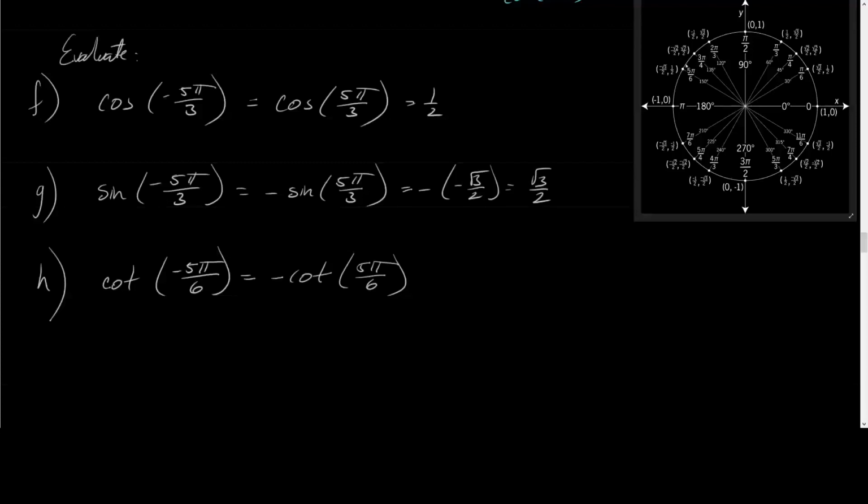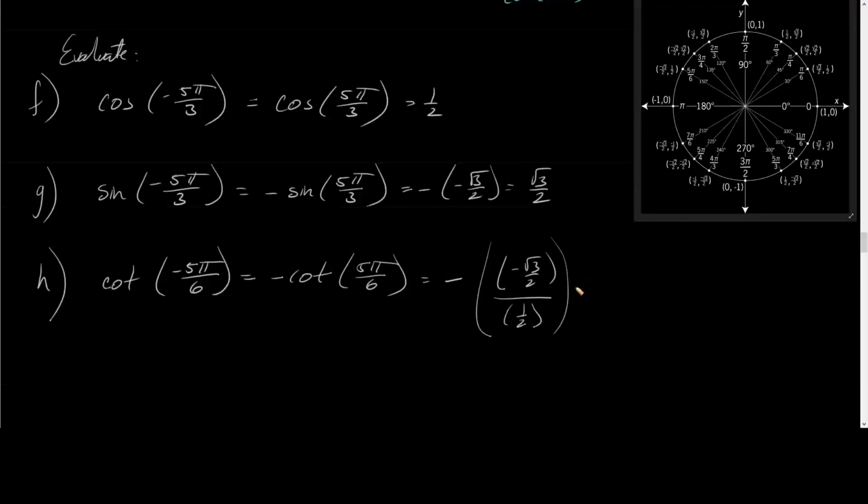And we need negative cotangent. Cotangent was cosine over sine, so we're going to have the negative of cosine over sine. Cosine was the x value, so negative radical 3 over 2, and sine is 1/2. So we have negative radical 3 over 2 over 1/2.